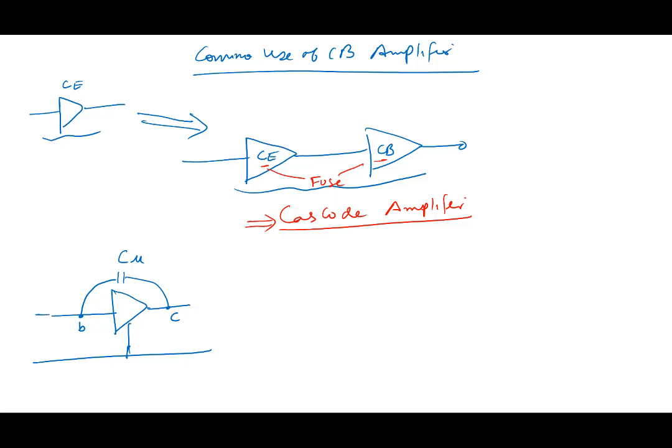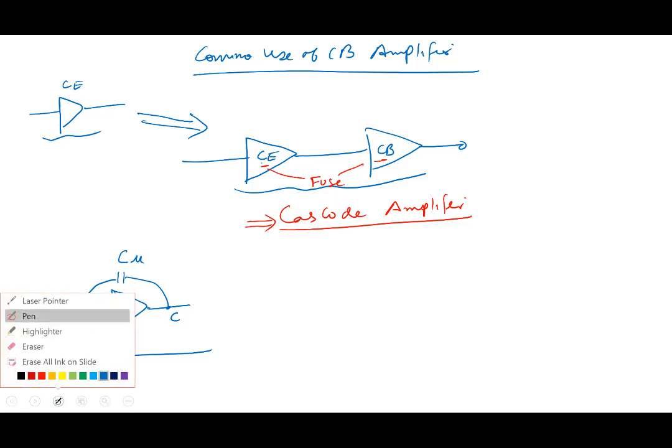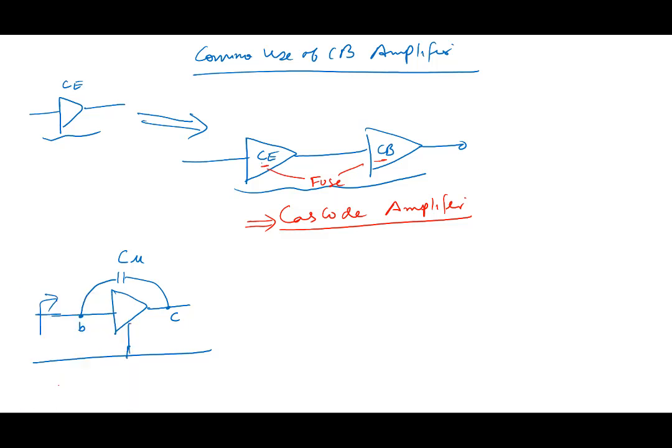But the common emitter amplifier gives you a reasonable Rn and all that, right? Now, if you look at this particular stage, common emitter, it has this problem. So what we do is we follow it by a common base stage here.